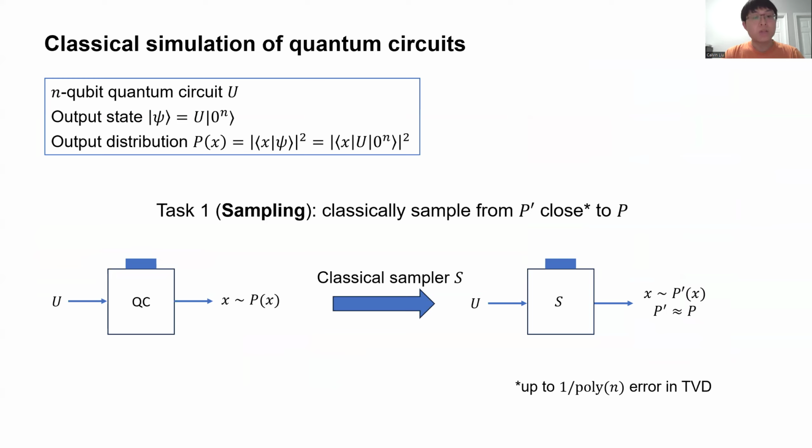For simulated sampling, the goal is to have a classical computer sampling from approximately the same distribution, hence matching the capability of a fault-tolerant quantum computer.